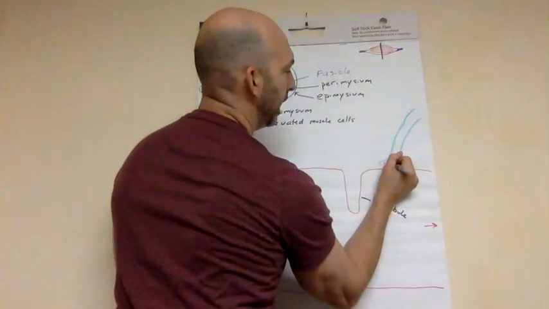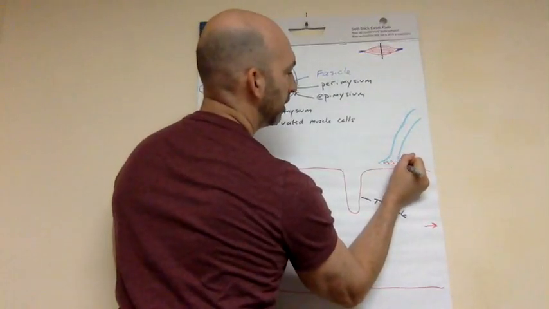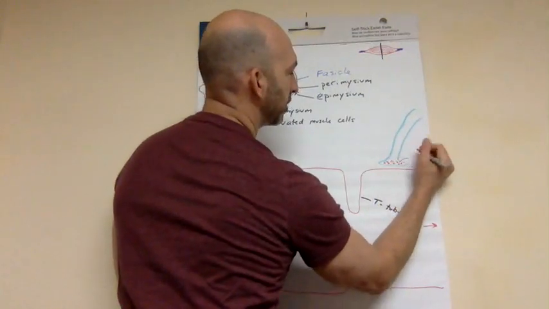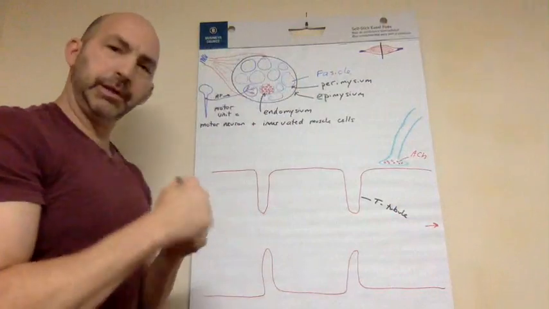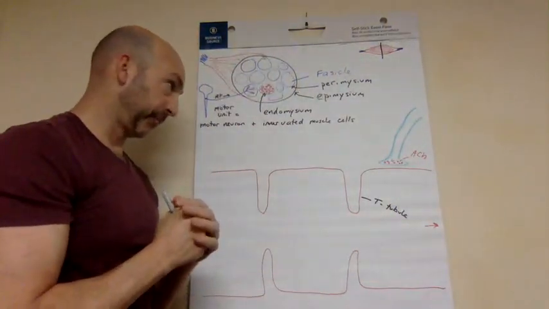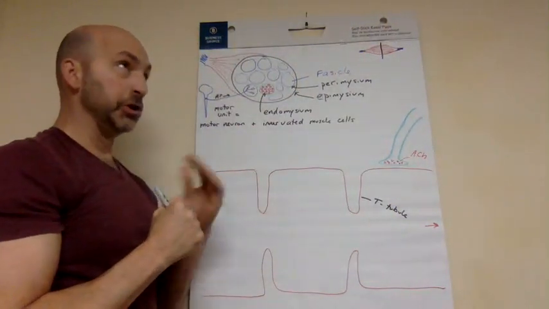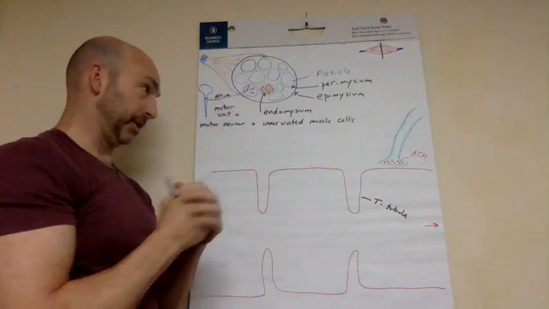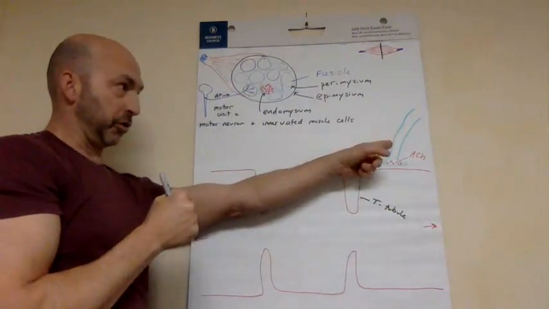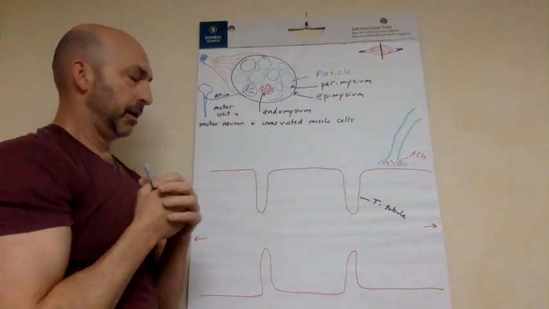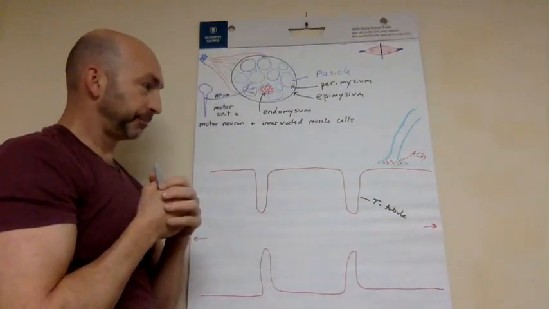It's going to have synaptic vesicles down here. And the neurotransmitter released is acetylcholine. It's always acetylcholine at skeletal muscle. It's called the neuromuscular junction, right? Because it's a neuromuscular junction between the somatic motor neuron and the skeletal muscle fiber, right?